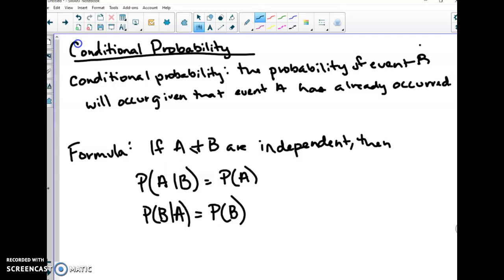For instance, the dice is always a good one. When I roll a die, the probability of me getting a 6 and then a 6 again is going to be the same as the probability of event A.